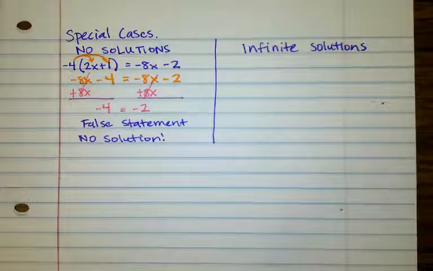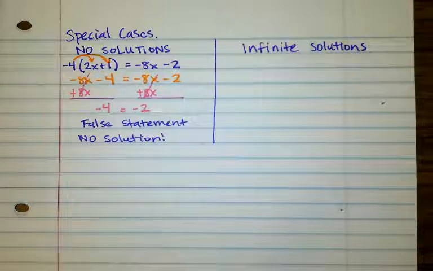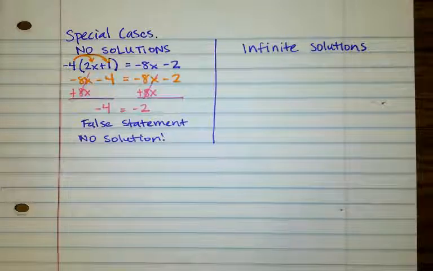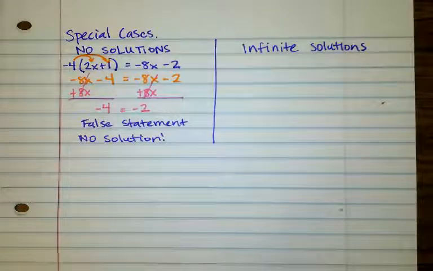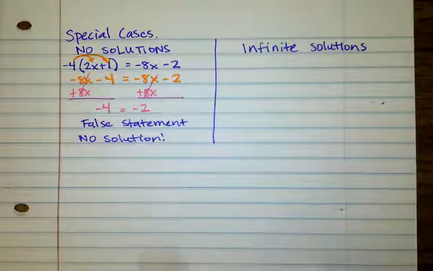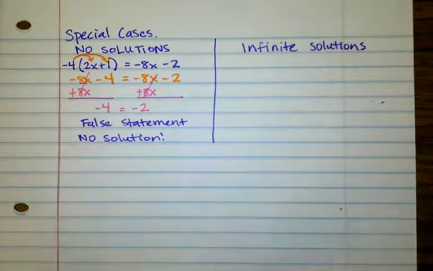Now, remember, it's okay for your constants to cancel, because you can do 0 divided by a number; your answer is probably going to be 0. But if your variables cancel, you have to see whether it's a true or false statement. Because it's a false statement, there is no solution to this problem.